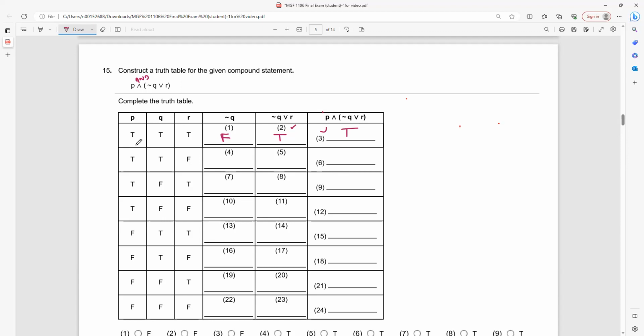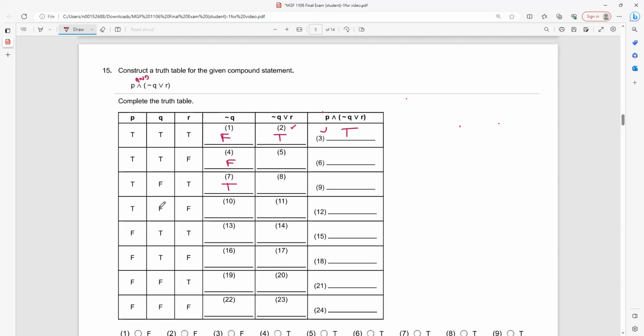So P is true, Q is true, therefore not Q would be false. Going down this row, Q is false, therefore not Q would be true.